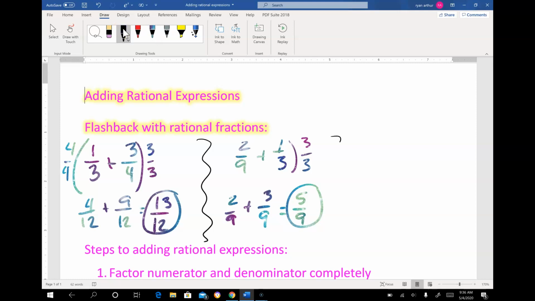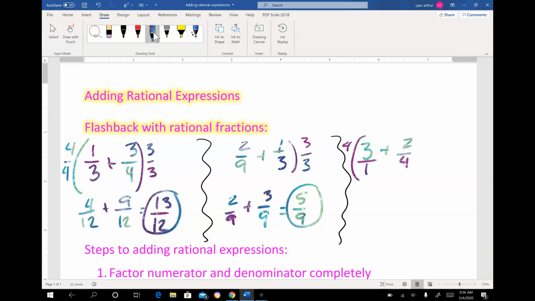One more example of this is sometimes you have whole numbers. Say you have 3 plus 2 over 4. Now, we know to make a whole number a fraction, we put it over 1. 4 can't go into 1, but 1 can go into 4. So 1 times what gives you 4? Well, 4.